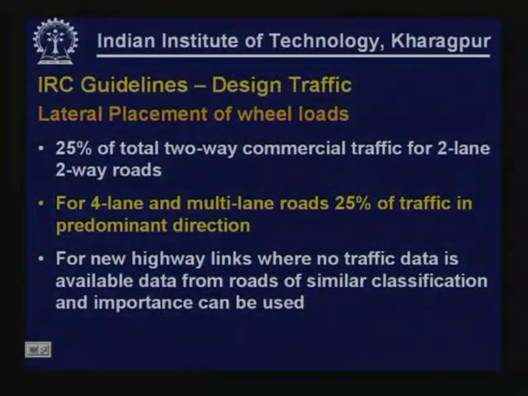For new highway links where no traffic data is available, data from roads of similar classification and importance can be used, since there is no existing road on which to conduct a traffic survey.